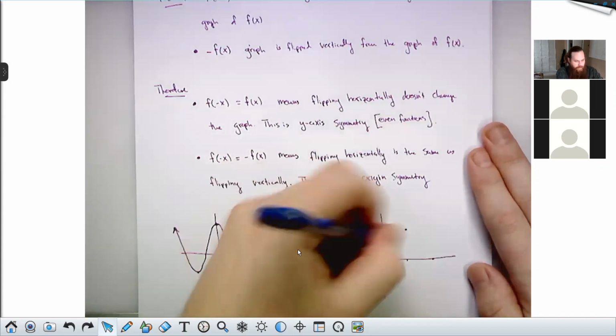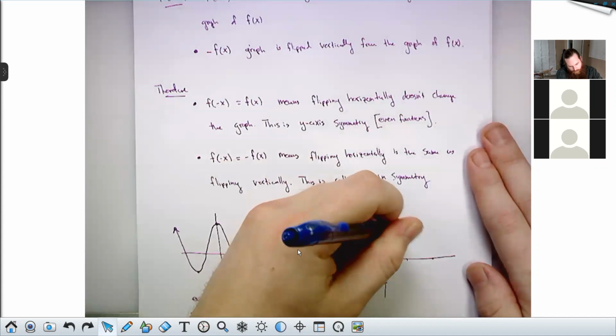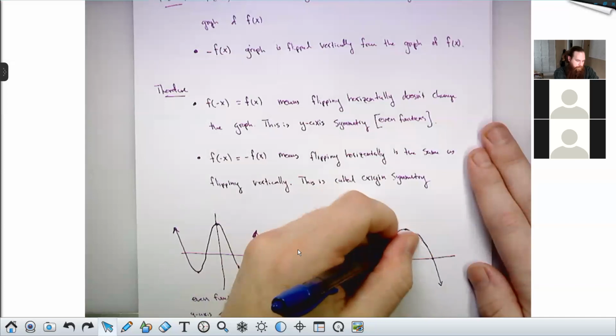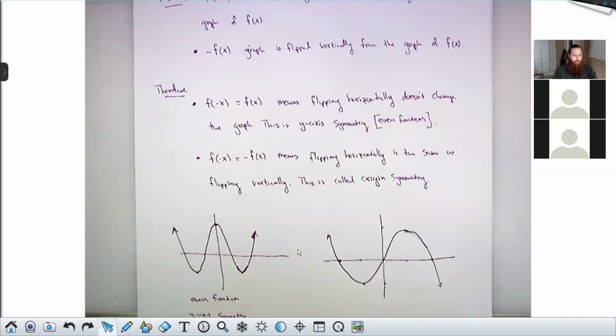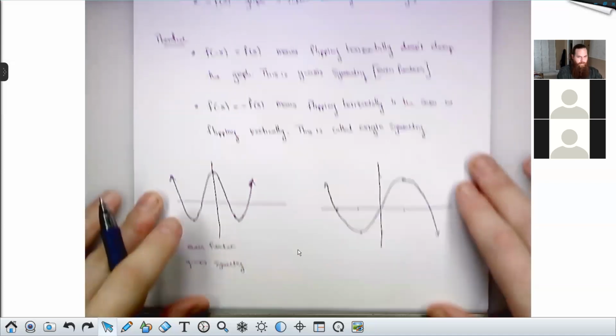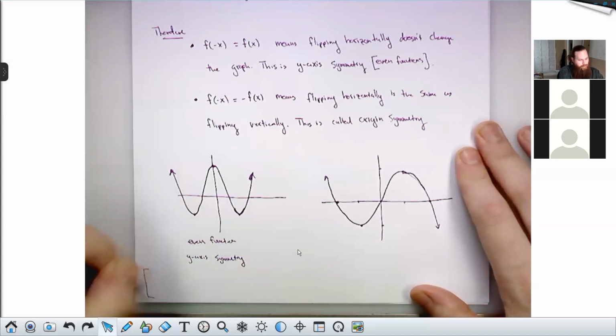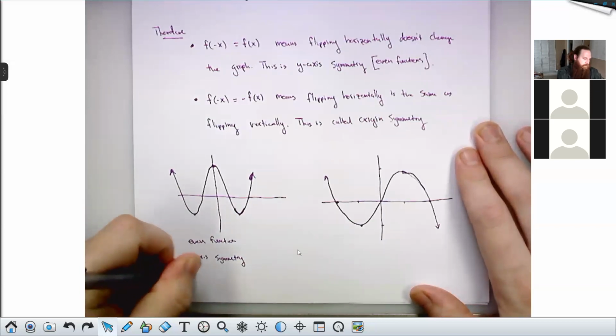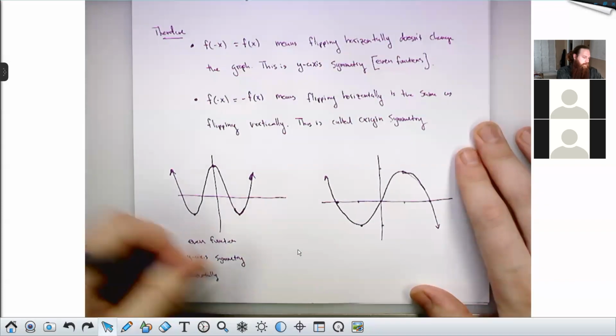On the other hand, a function like this here, certainly flipping horizontally does change things. But if you were to flip horizontally, you get the same as if you were to flip vertically. So y-axis symmetry, remember, means flipping horizontally doesn't change anything.